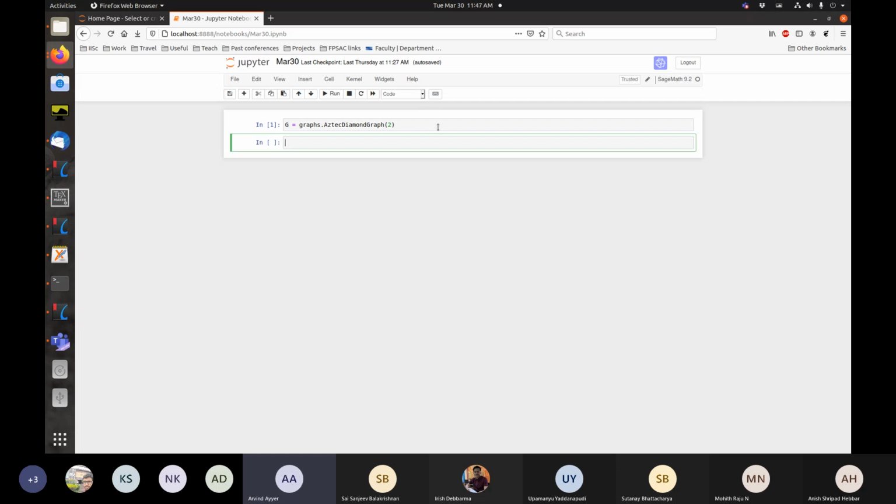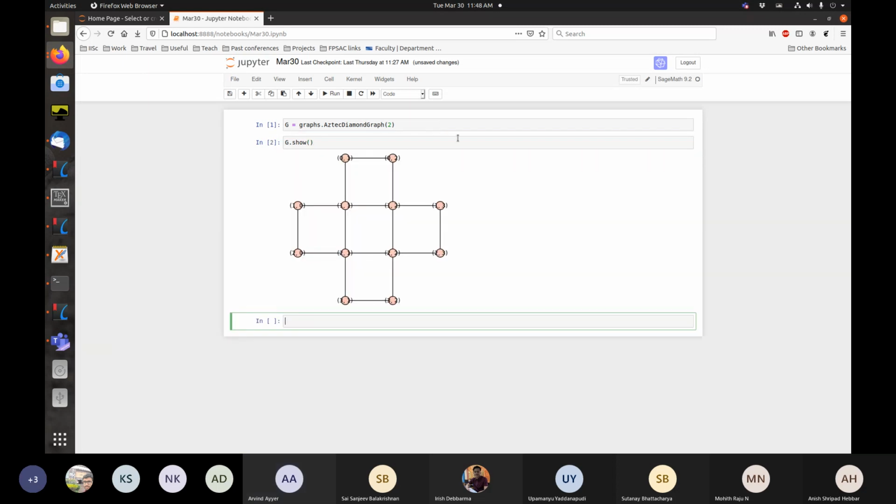So let me show you how they look. First G dot show. Of course they look similar. Maybe I'll do a larger example.